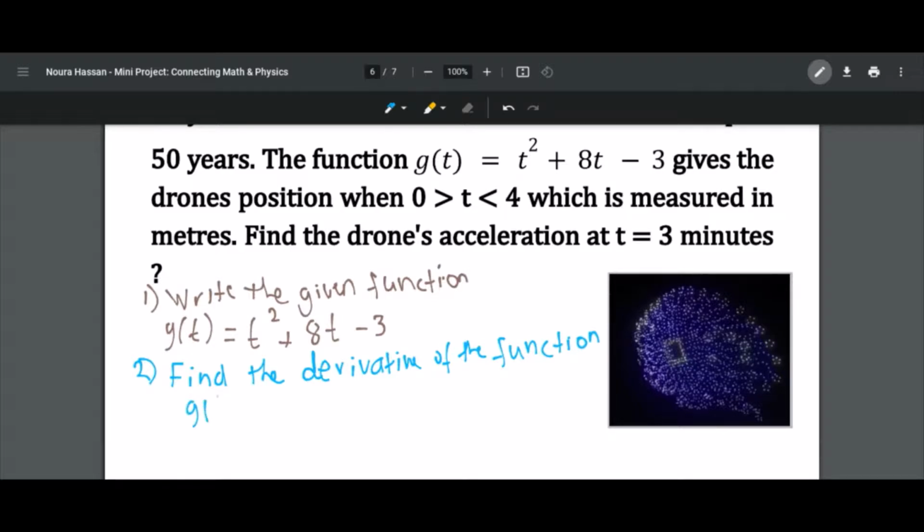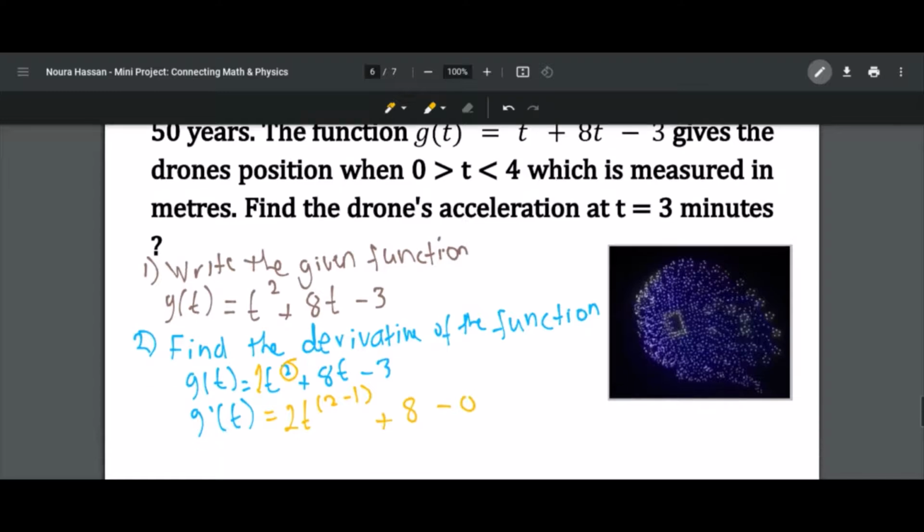What you have is g of t equals t squared plus 8t minus 3. So g prime of t will equal 1 times 2. So basically what you get is 2t to the power of 2 minus 1 plus 8 minus 0, which will equal g prime of t equals 2t plus 8.